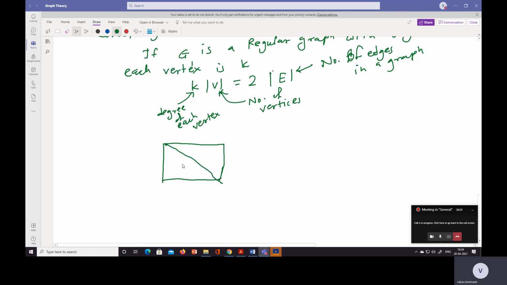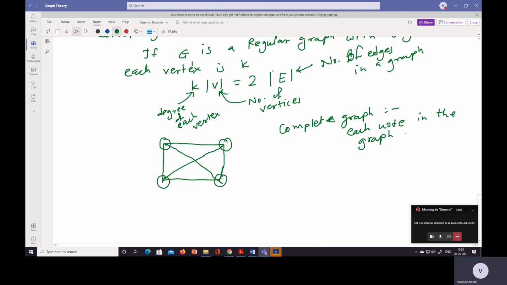Complete graph means, okay, so these are the nodes. In a complete graph, the definition of complete graph is each node in the graph is connected with each other.